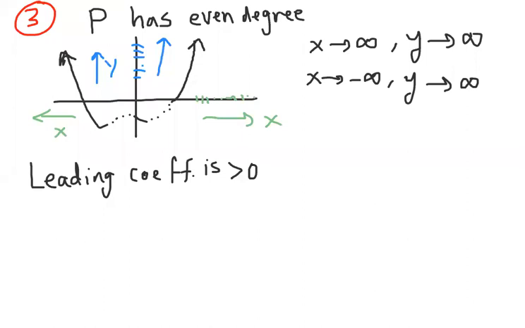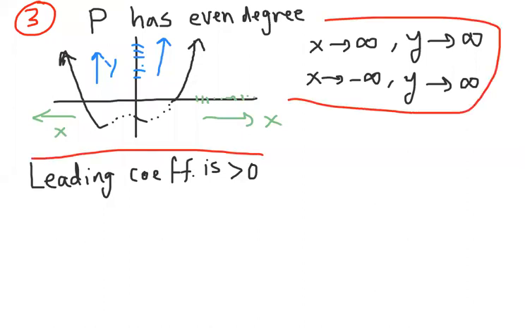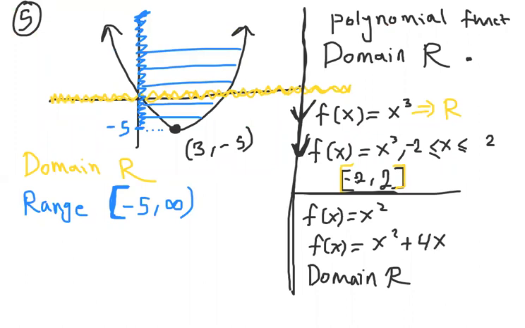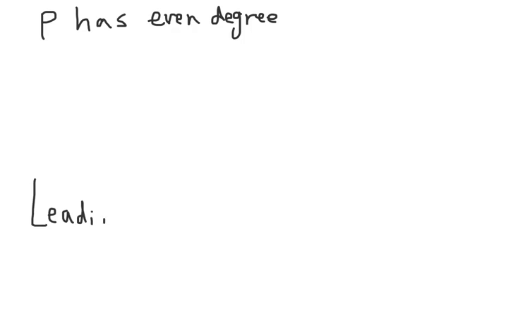No question? Fourth case. If b has even degree and the leading coefficient is negative, again it will look like that.